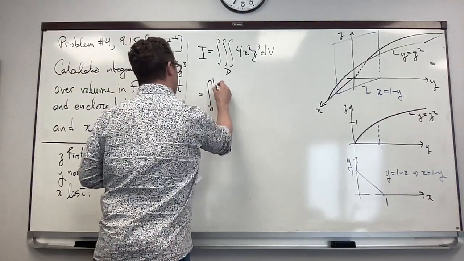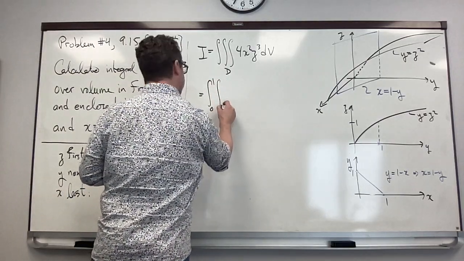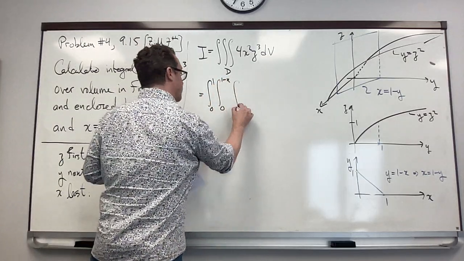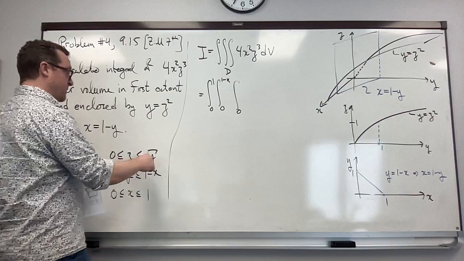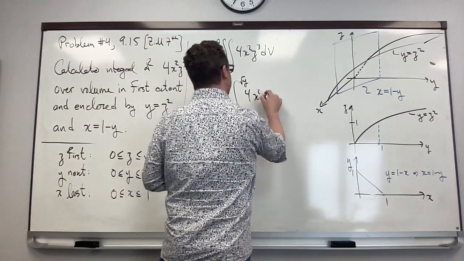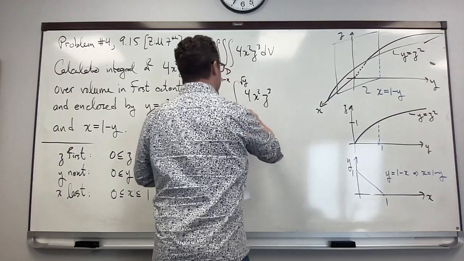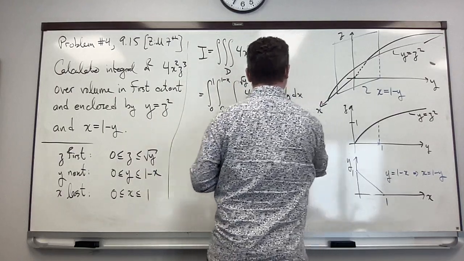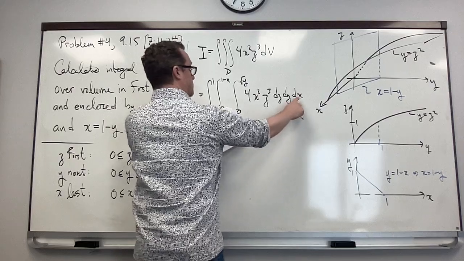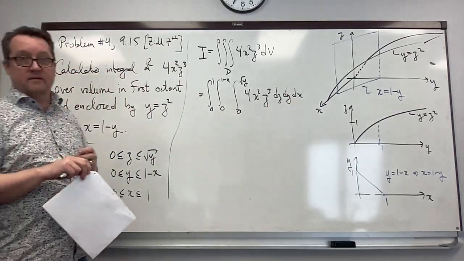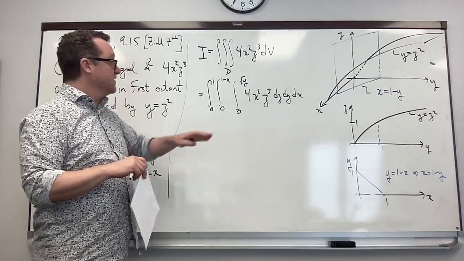So x is 0 to 1, y is 0 to 1 minus x, z is 0 to the square root of y. And I've got 4x squared z cubed, and then I write these in dz, dy, dx: innermost, next-most, next-most. And in that previous final, this is the answer.